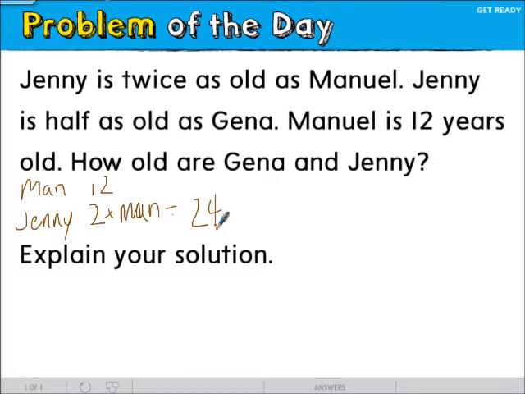Then we know that Gina is twice as old. How do we know that she's twice as old? Because it says Jenny is half as old as Gina. Half is splitting in half. So if we split Gina's age in half, then we would get 24.